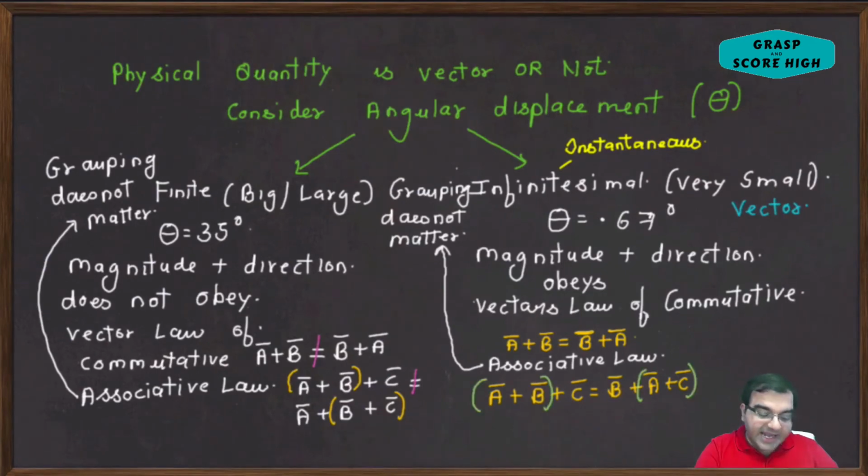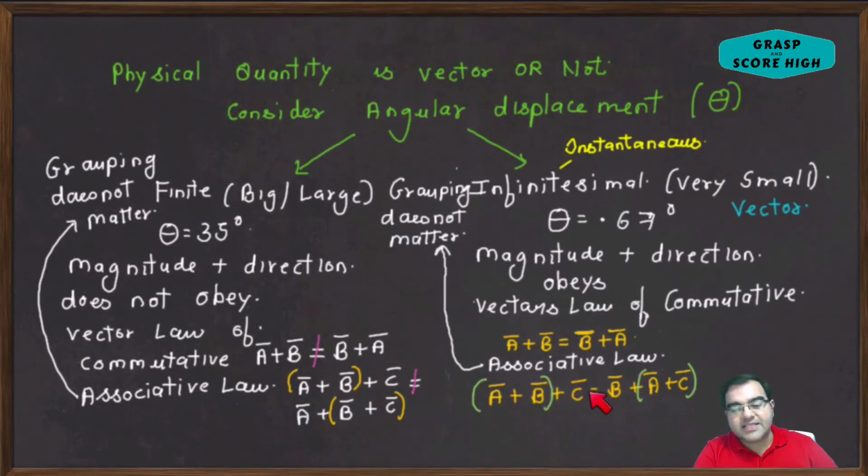On the left-hand side of the equal-to, I write A bar and B bar first, so I'm evaluating A bar and B bar first, and then adding the answer to C bar. On the right-hand side, I'm adding A bar plus C bar first, and then the answer is added to B bar. Still, if I get the same answer, it means it obeys the law.